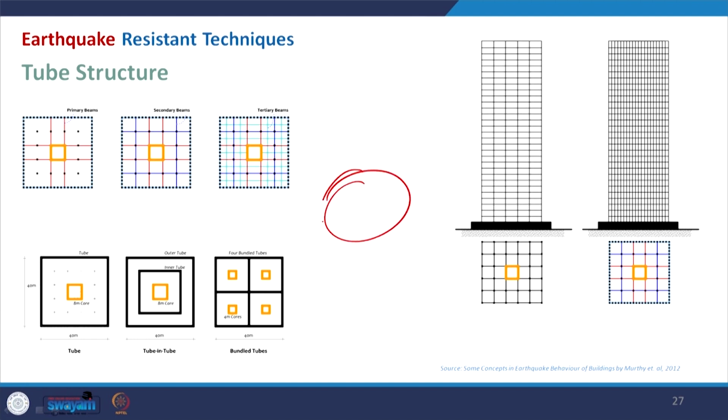Like a pipe, this thickness is maintained, where the columns are placed.